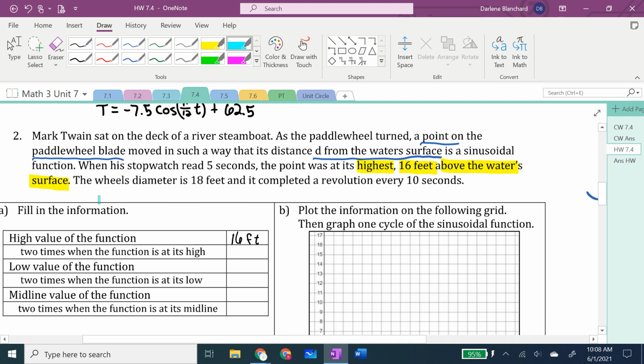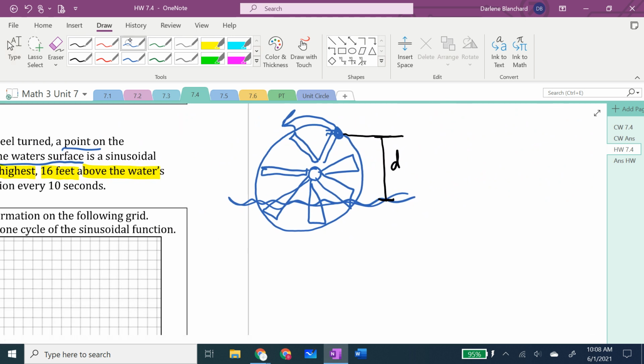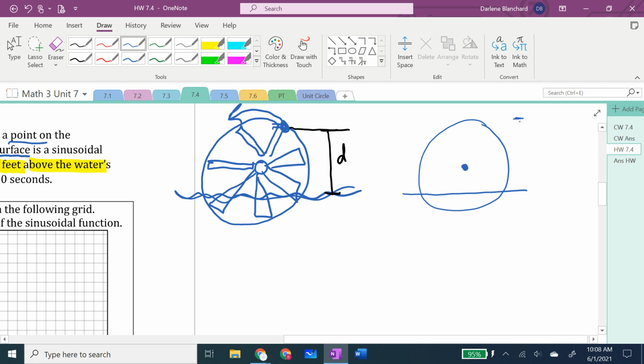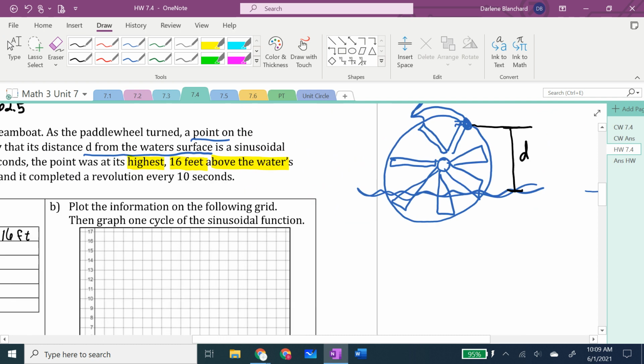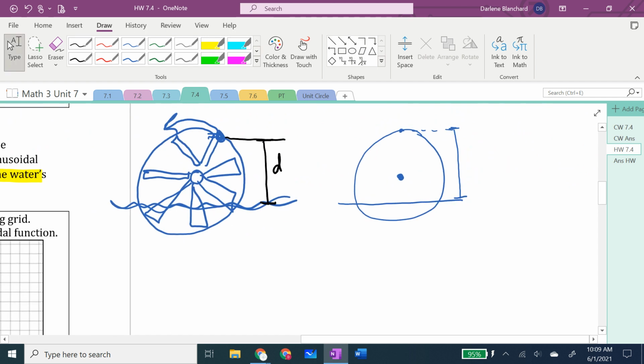I am also told the wheel's diameter is 18 feet. So I'm going to draw another circle. Here's the water level. And I've got a center. I am told that this distance is 16 feet, and the diameter is 18 feet.